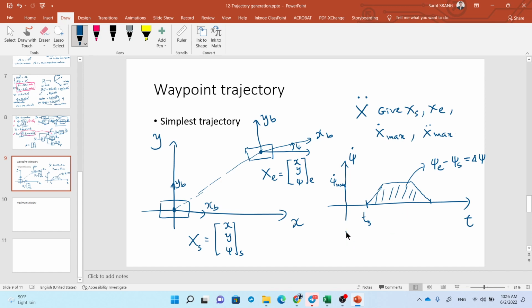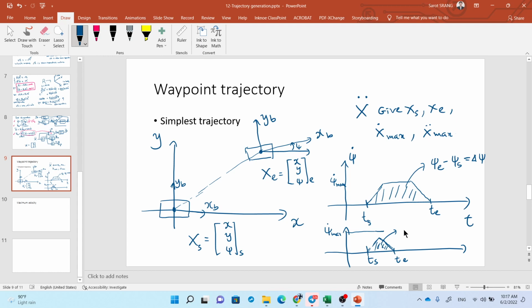So there is another case where at the start time you start but do not reach the maximum yet, and then you need to decelerate. So accelerate, decelerate, and this area must also equal delta psi. Psi dot max is here, not reached, but it comes back here.